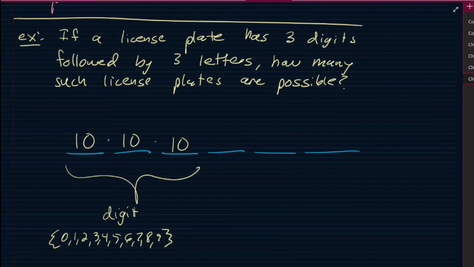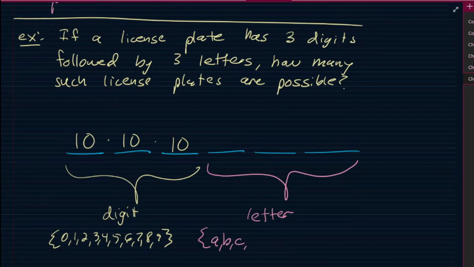It doesn't say anything about repetitions not being allowed. And then the last 3 slots have to be a letter, which there are 26 of: A, B, C, all the way down to X, Y, and Z. So we've got 26 options for the first letter, 26 for the second, and 26 for the third.